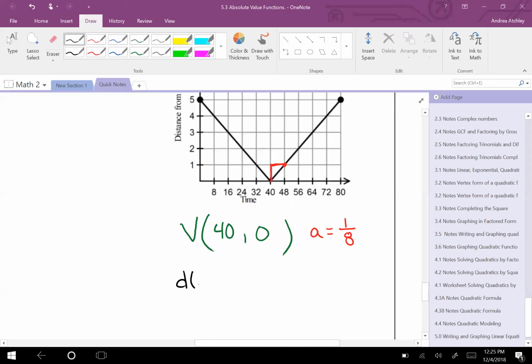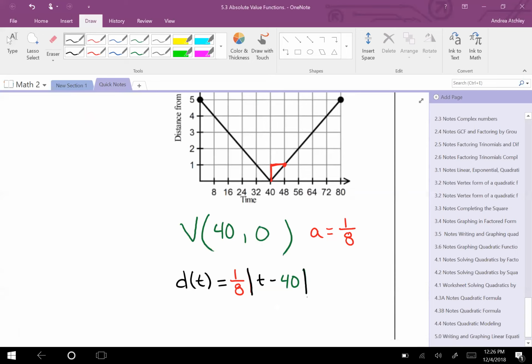They're using D of t equals 1/8 times the absolute value of t minus 40. I could put a +0, but I don't really need it. So we can just leave it like that. Any questions over that?